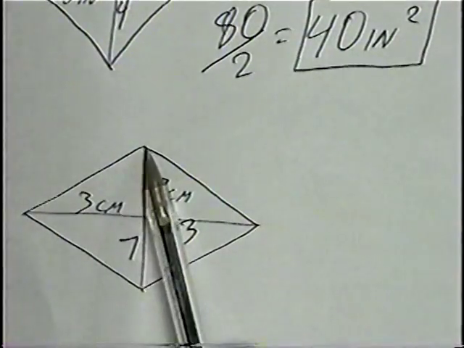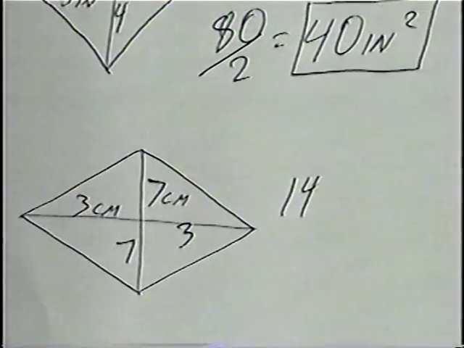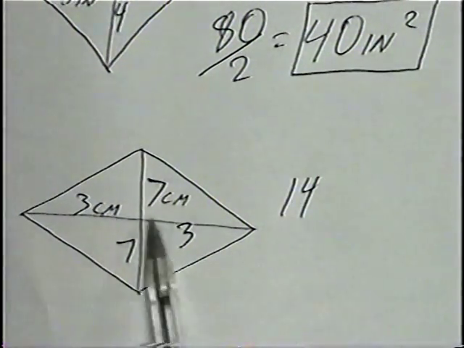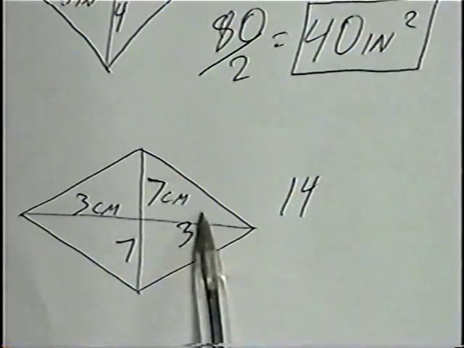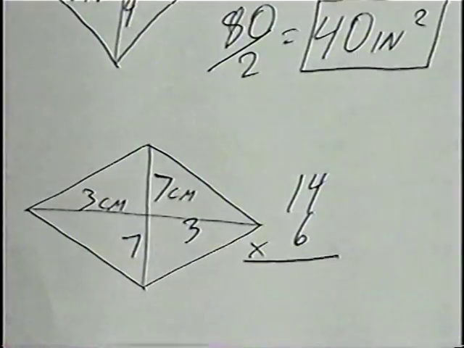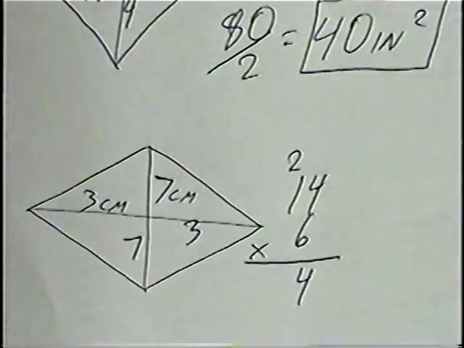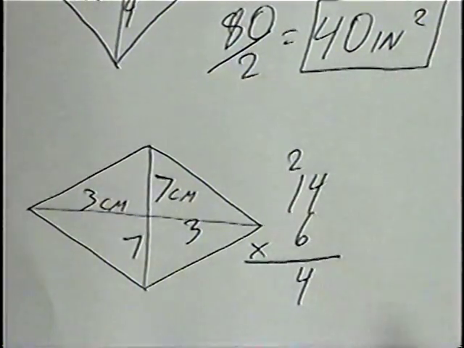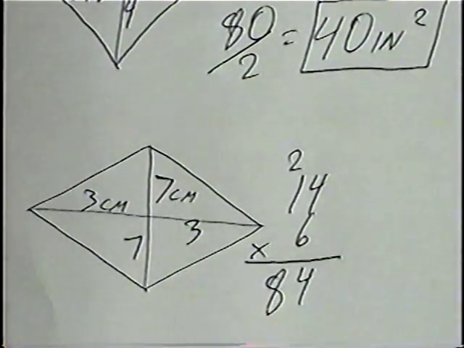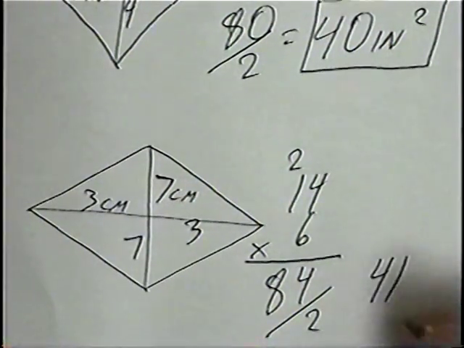Finding the distances from top to bottom, 7 and 7 would be a distance of 14, and multiplying by the opposite diagonal, which again is 3 and 3, a total distance of 6, we can multiply 14 times 6. 4 times 6 would be 24, carry the 2, 6 times 1 plus 2 more would be 84, and the last part of the formula, divide by 2. 84 divided by 2 would be 42.